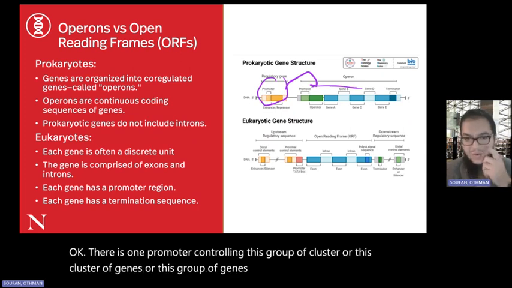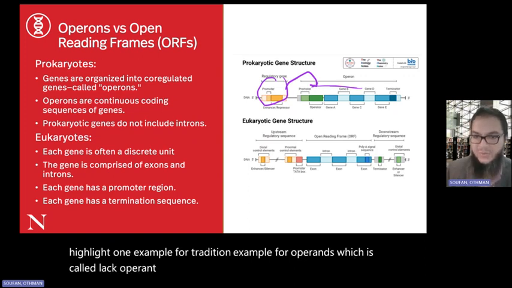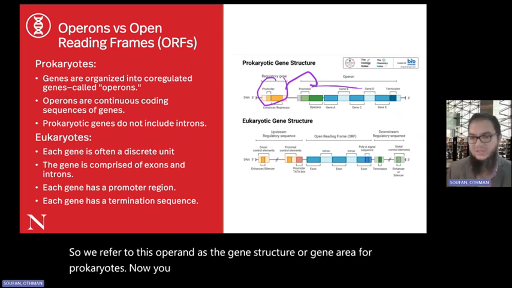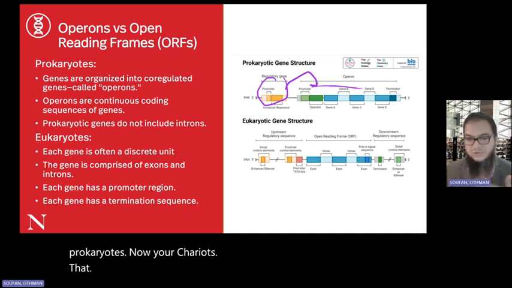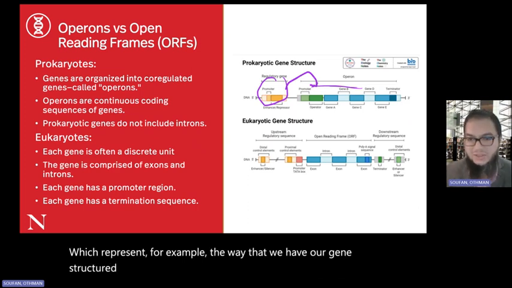We're going to highlight a traditional example of operons, which is called the lac operon. So we refer to the operon as the gene structure or gene area for prokaryotes. Now eukaryotes, which represent, for example, the way that we have our genes structured, have a continuous stretch of codons in this area.